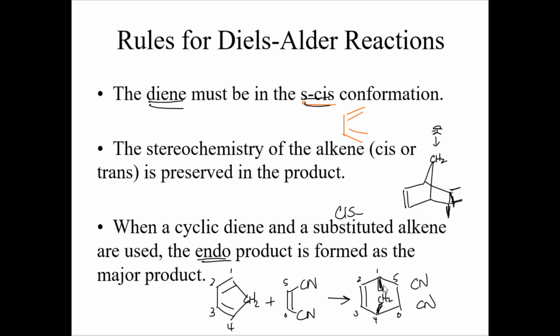So that means if the bridge is bold, those two groups are dashed. That is the endo product. Whereas if the bridge is bold and the substituents are bold, then that's the exo product.